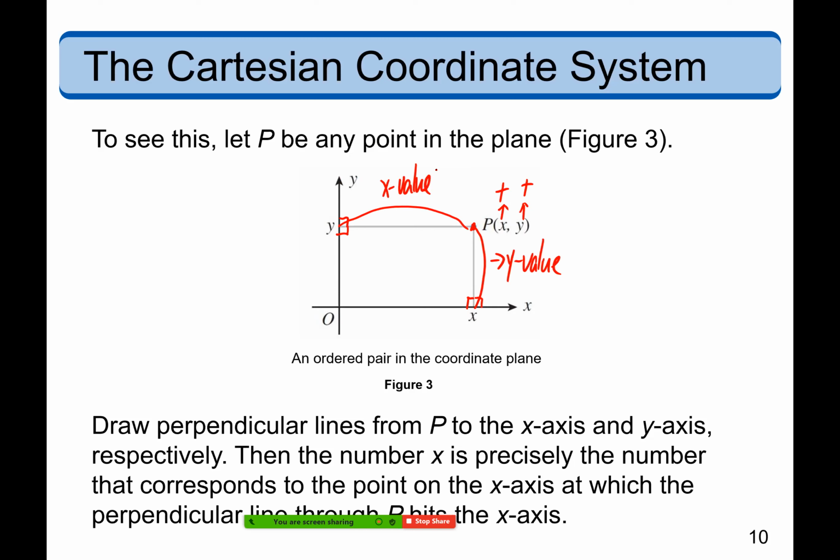The x value is always horizontal, right? Horizontal distance. And the y value is the vertical distance. And this is horizontal distance. Yeah, that's just a breakdown of the x coordinate and y coordinate, and the meaning behind it.